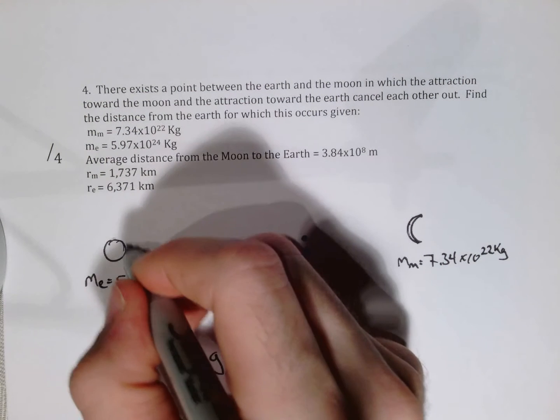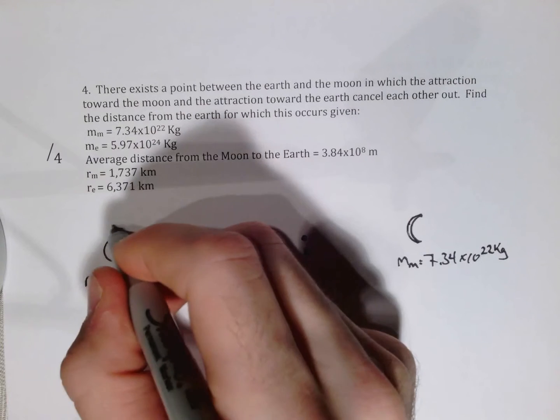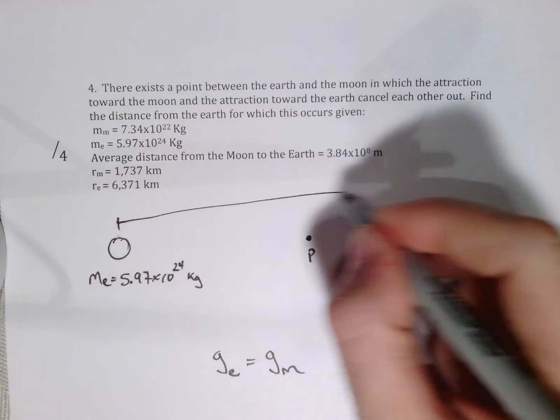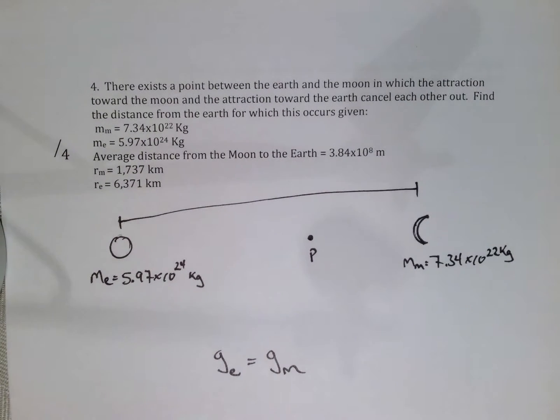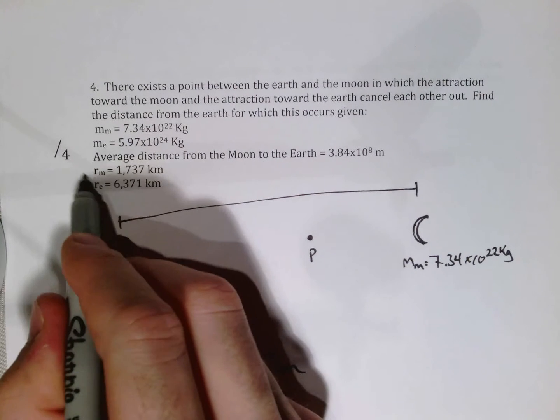Now we know the distance. First of all, to keep in mind the distance from the Earth to the moon, we have to count center to center, and that's what this information here was for.